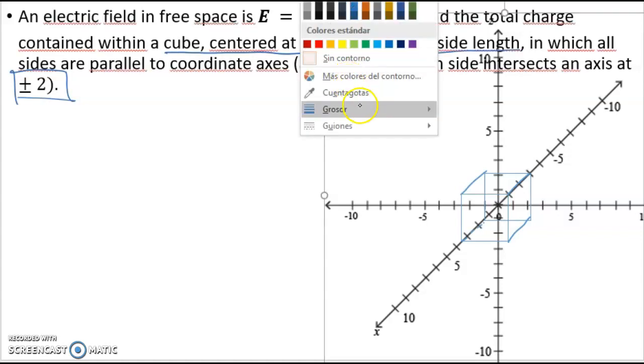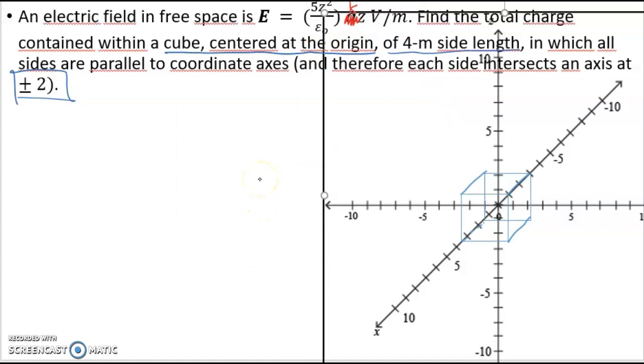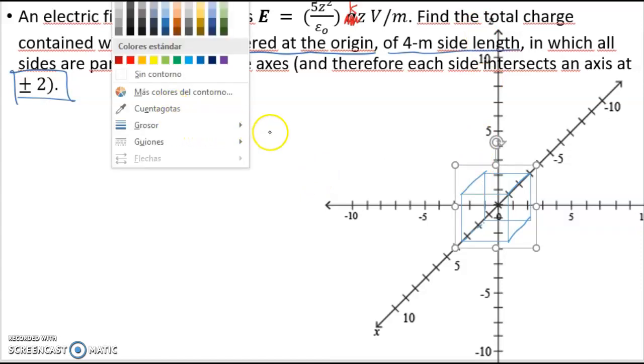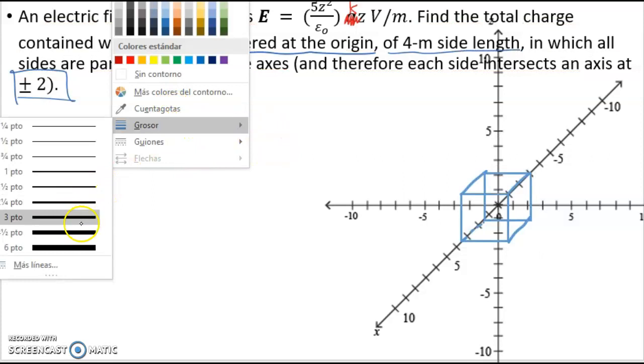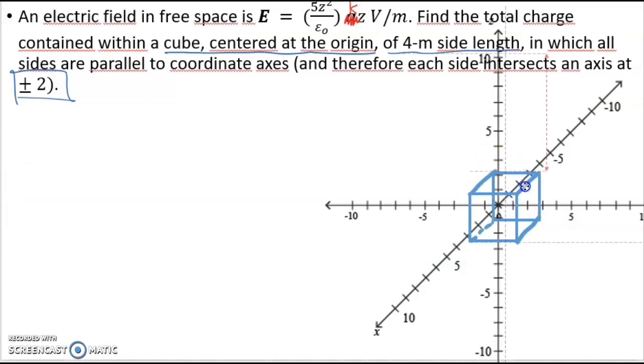Probably a little bit thicker lines would help a lot. Oops. Talking about this one. These will need thicker lines. Alright, that's our cube. So our cube is going to be centered at the origin, somehow like this, right there.